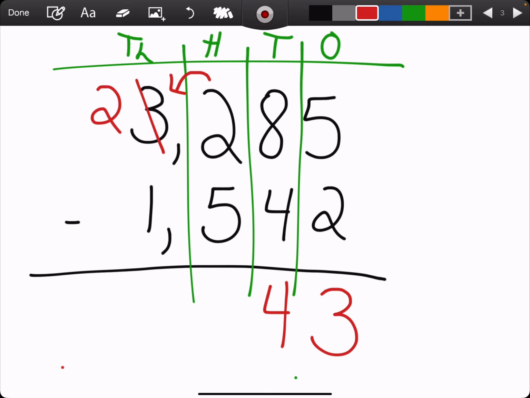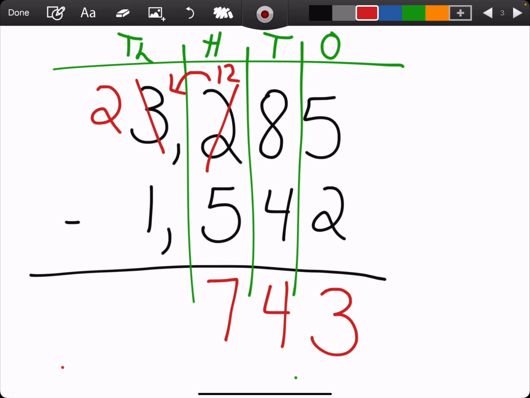What am I exchanging? Well, I'm crossing out one of my thousands gets exchanged for 10 hundreds. So if I had 2 hundreds and I exchange 10 plus 2 is 12. I now have 12 hundreds. 12 hundreds minus the 5 gives me 7 hundreds.